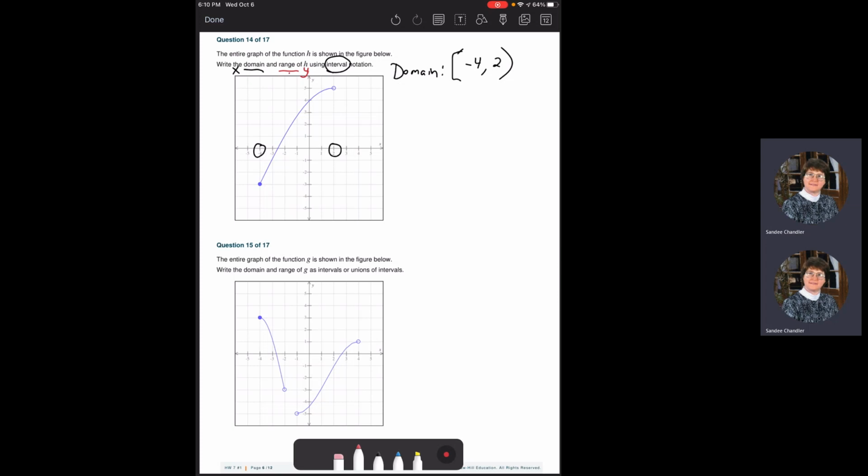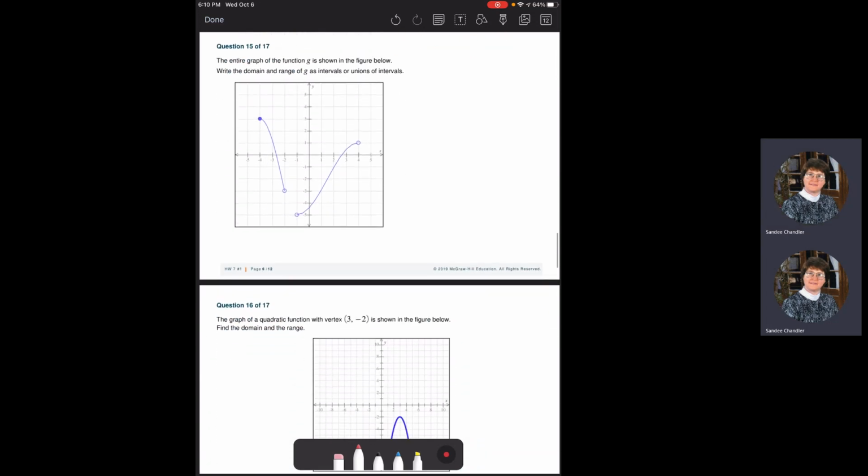Now, when we're looking for the range, we're looking at the y values. So we start at the lowest bottom point, because we can always read the smallest to the largest. So it starts at -3. We follow this road all the way up to the y value of 5. And -3 is closed, and 5 is open. Yay!